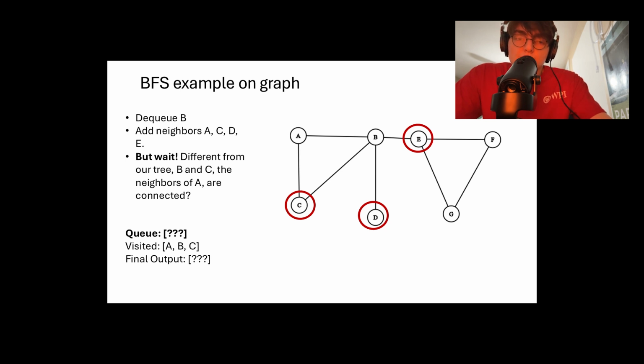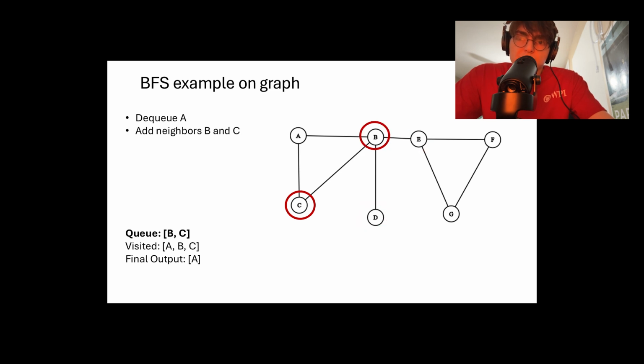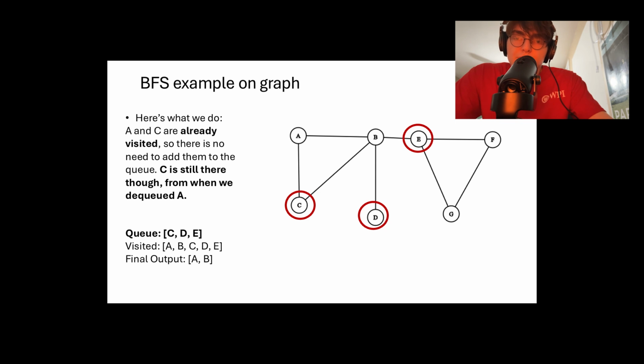Now, that might be strange because wouldn't B have to look at C, which is already in the queue? Well, no. Different from our tree, B and C, the neighbors of A, are connected, but A and C are already visited, and C is still in the queue because when we dequeued A, we put C in there.